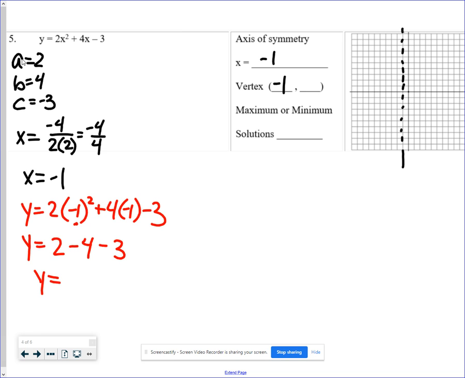So I will have 2 minus 4 is negative 2. Negative 2 plus a negative 3 would be negative 5. So my vertex will be at negative 1, negative 5. Oh, that doesn't seem right. 1, 2, 3, 4, 5, right there.